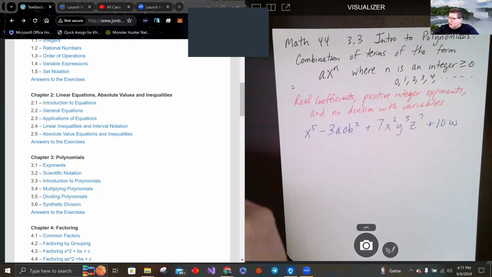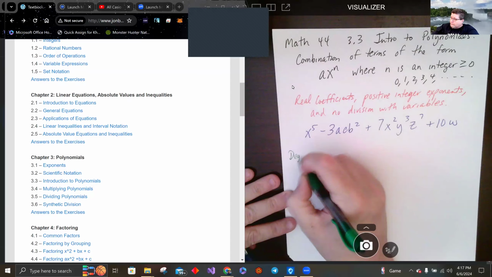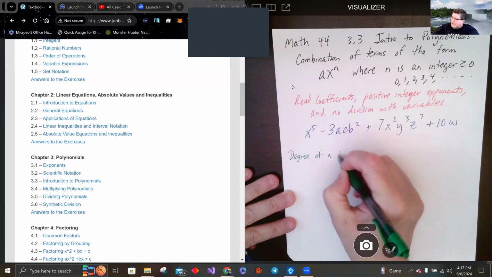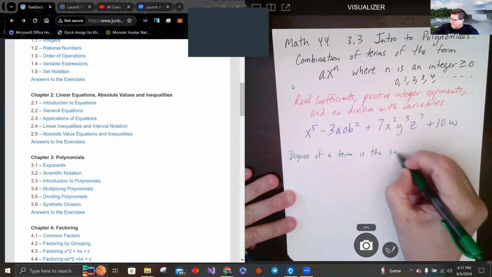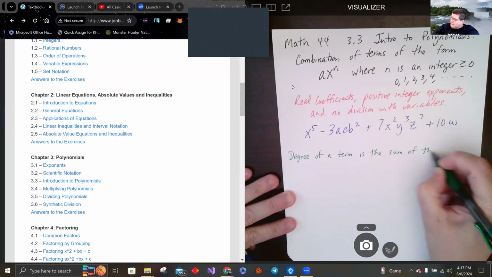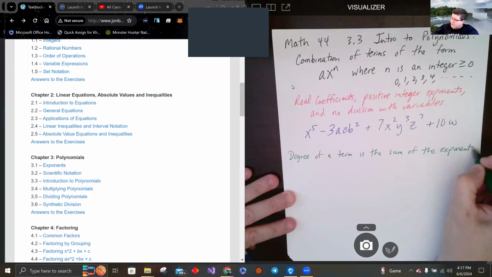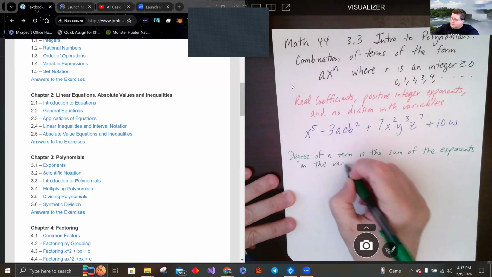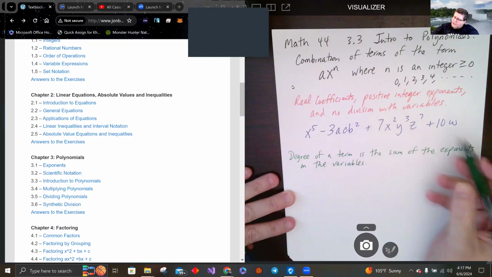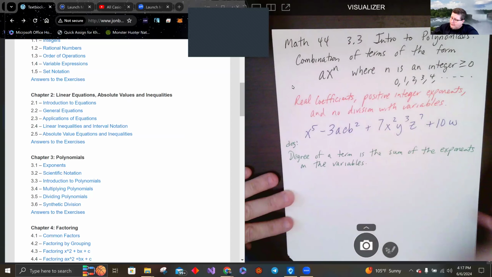The degree of a term is the sum of the exponents on the variables. So if I look at the degree on this one right here, this is just 5.